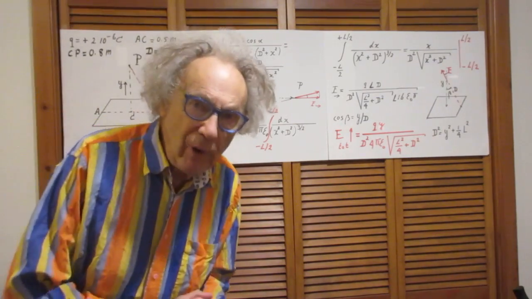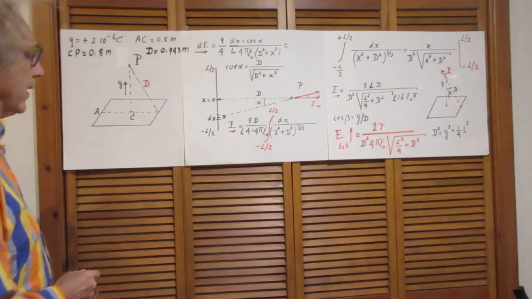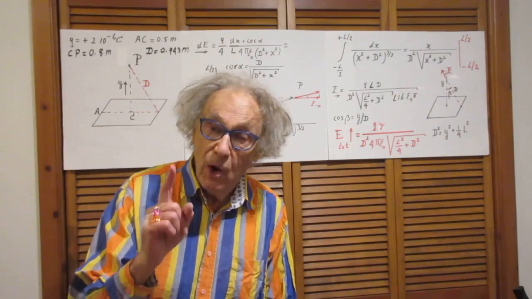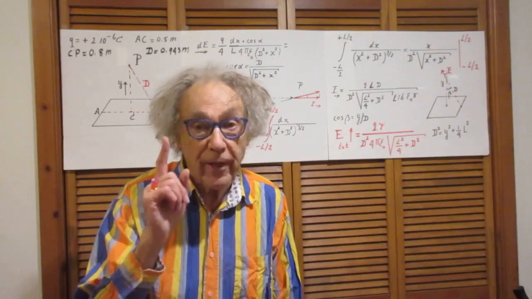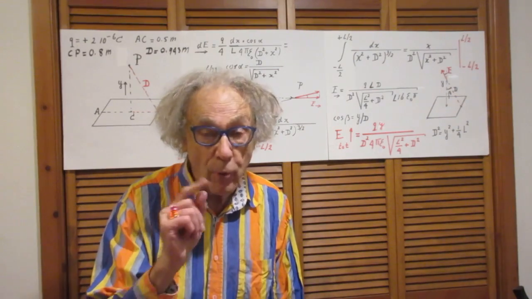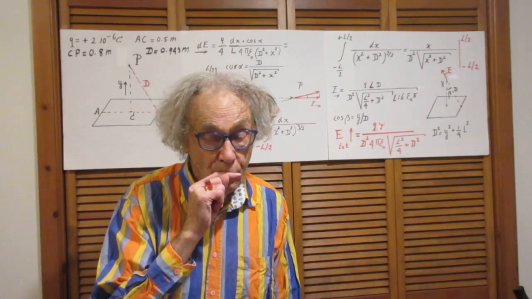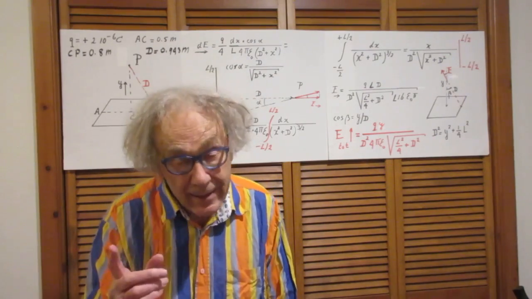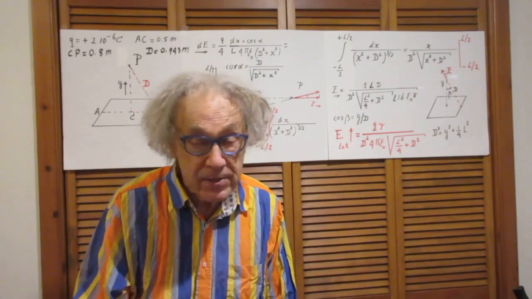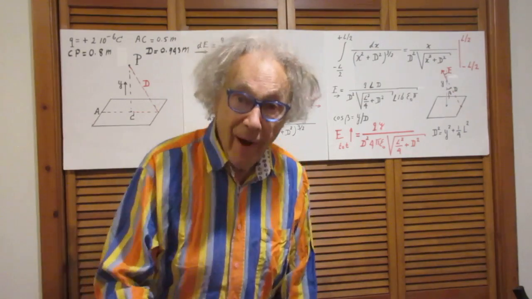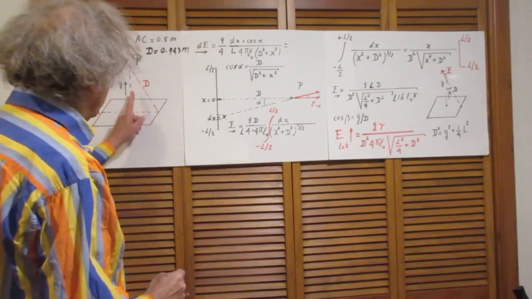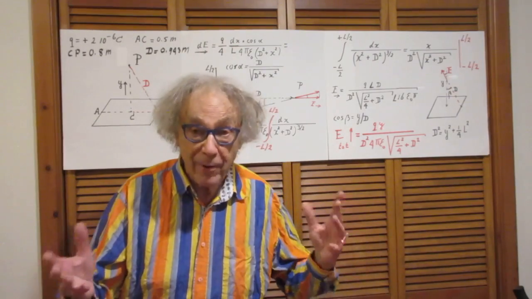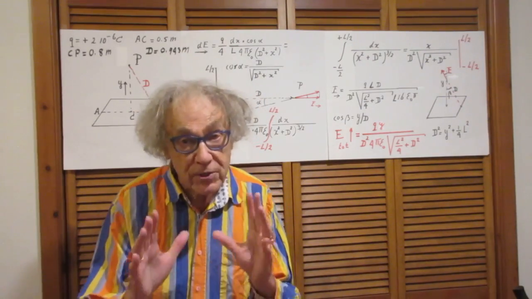So I'm now going to lift out only one wire, and I'm going to calculate what the electric field is of that one wire at point P. And of course, since there are 4 wires, if I manage to get the contribution in this direction, I have to multiply it by 4. So I start simple.